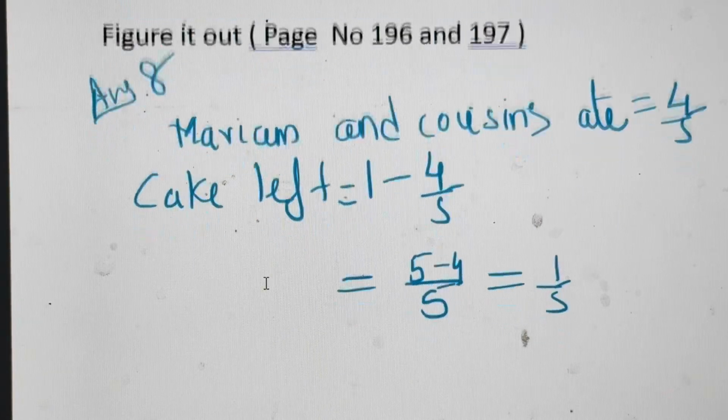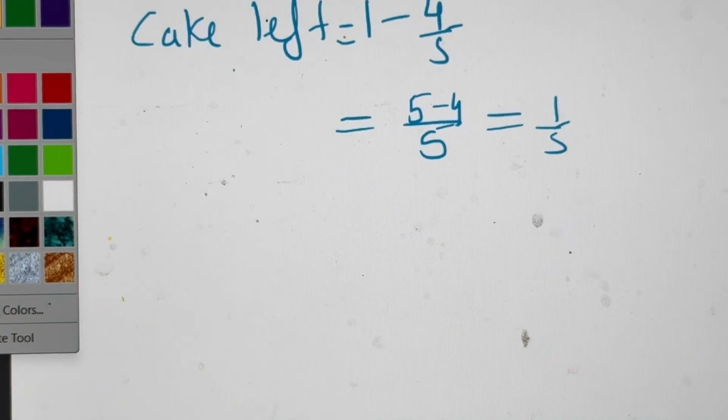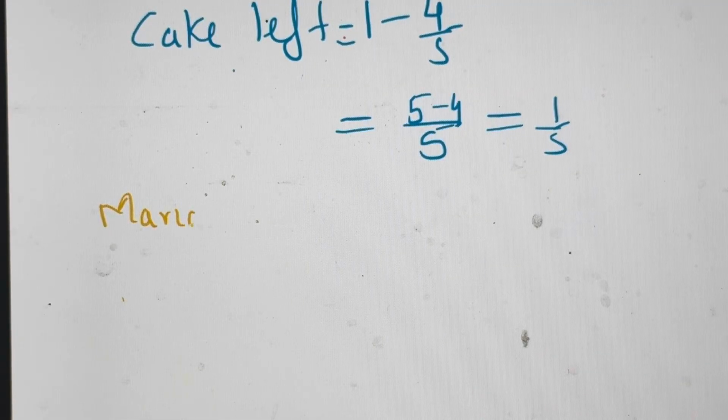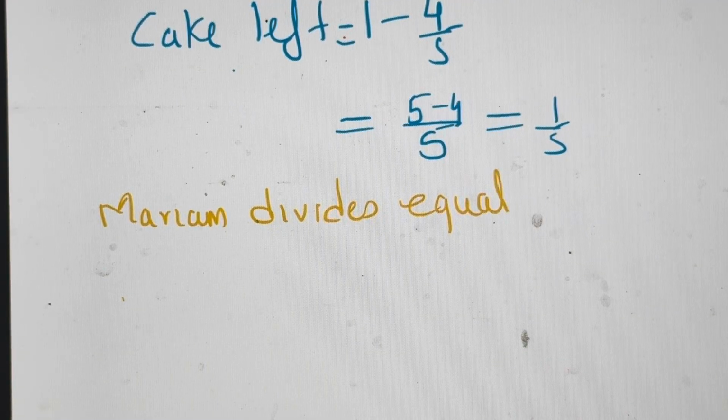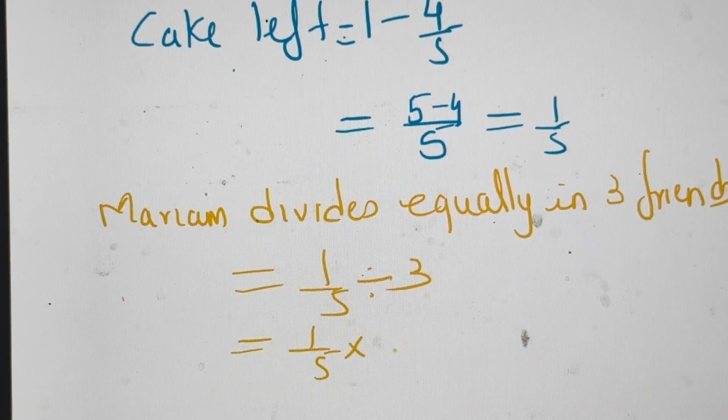Right. So now Mariam divides it among 3 friends equally. That is again important. Mariam shares equally among 3 friends. So that 1/5 which is left is divided by 3. Now you know that if it is a division sign, we change it to multiplication and write the reciprocal of 3, that is 1 upon 3.